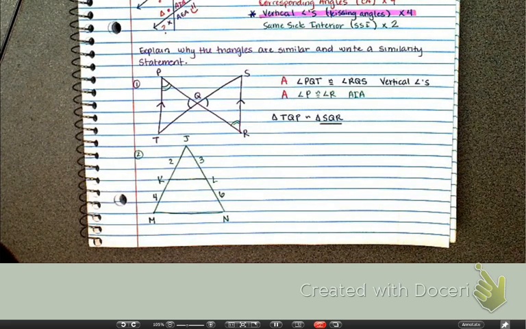How many triangles does everyone see? 2. Everyone sees 2, the small and the big?